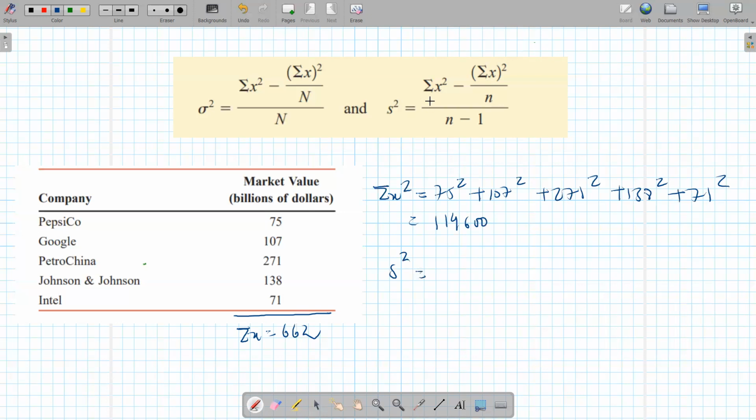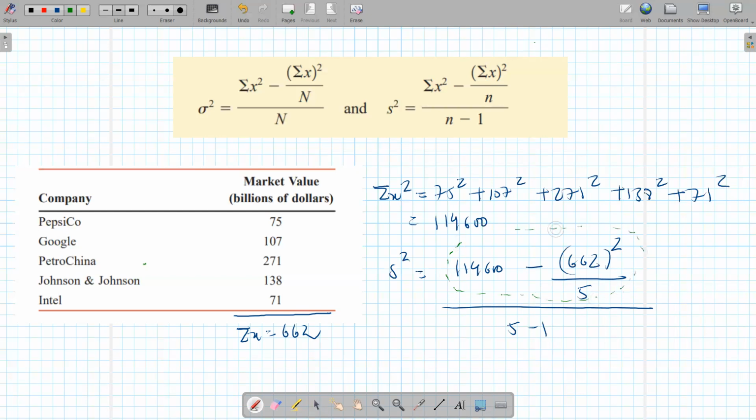S squared is going to be summation X squared, 114600, minus summation X, which was 662, squared, divided by 5, all divided by 5 minus 1. Do you have a calculator on you? Because plugging this in is also a skill. Try plugging this in. Do this bit first, and whatever that gives you, divide that by 4.